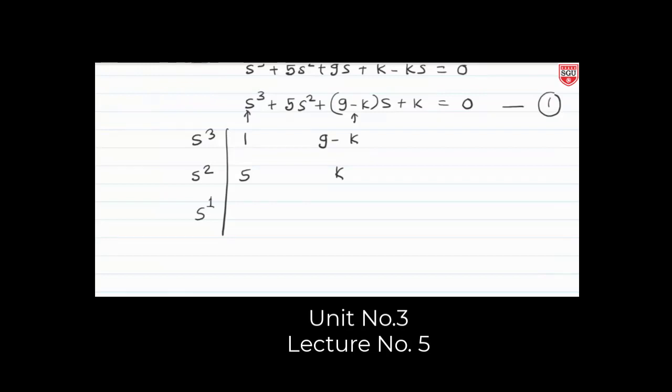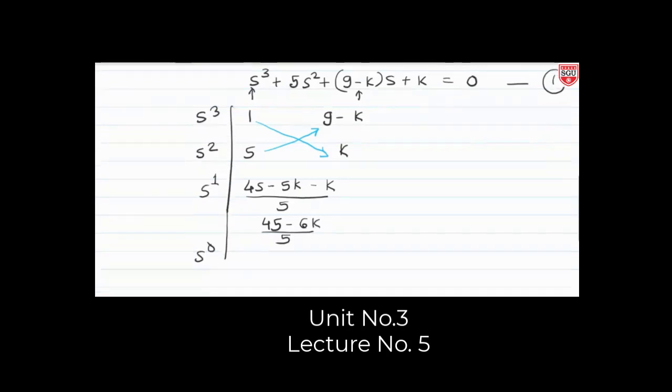For s raised to 1, this multiplied by this, minus this multiplied by this, divided by 5. It is simple: 45 minus 5K minus K divided by 5, which is nothing but 45 minus 6K divided by 5.